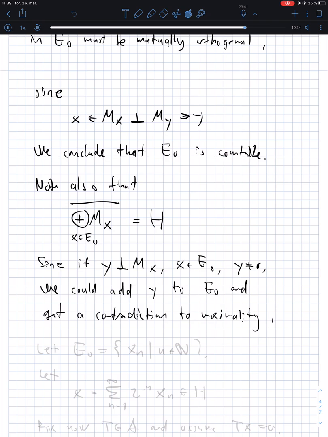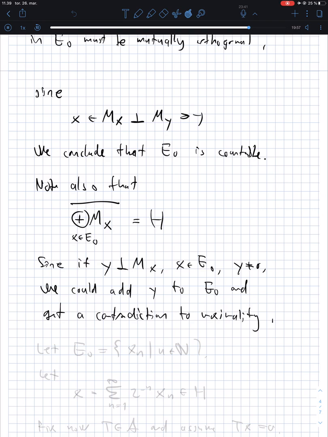So essentially what I know now is that I take the span of the Mx's, they will be mutually orthogonal subspaces. I add them all up and I get something which is dense in H, right?